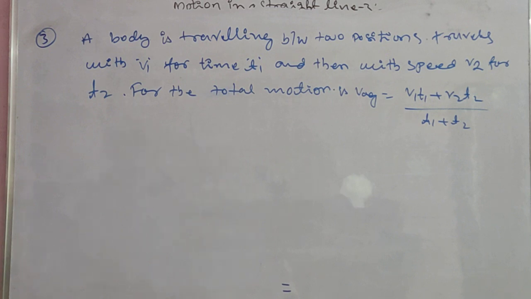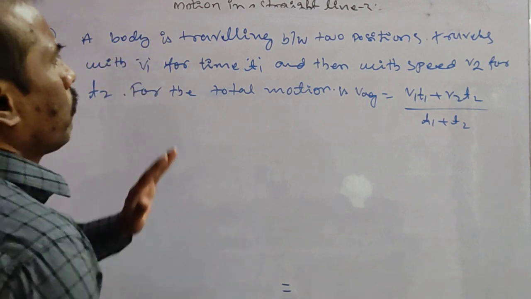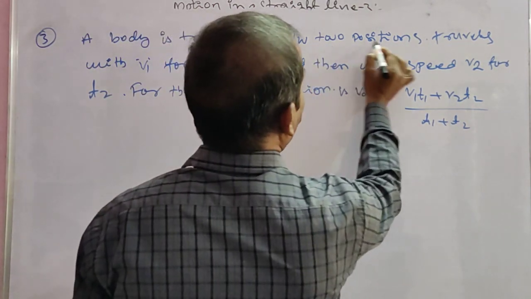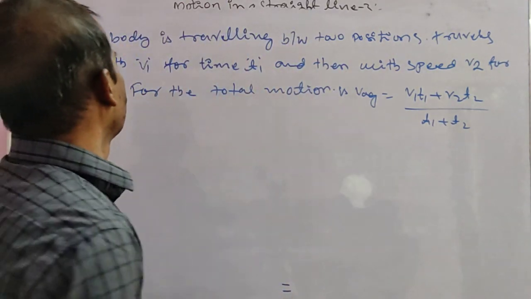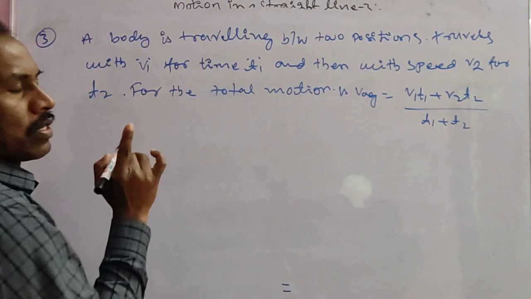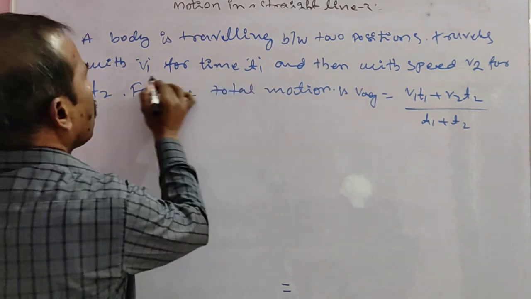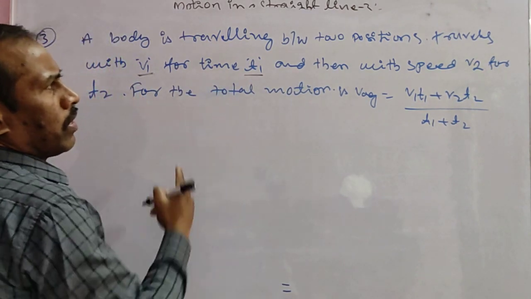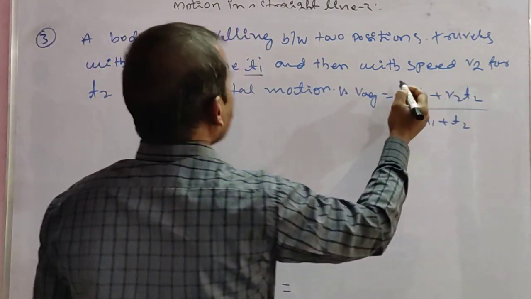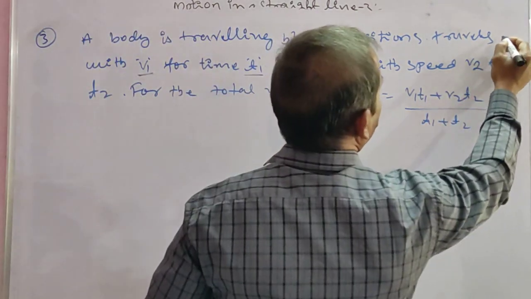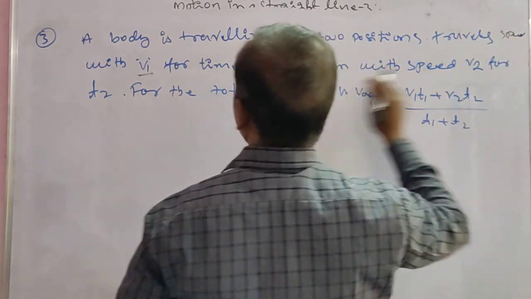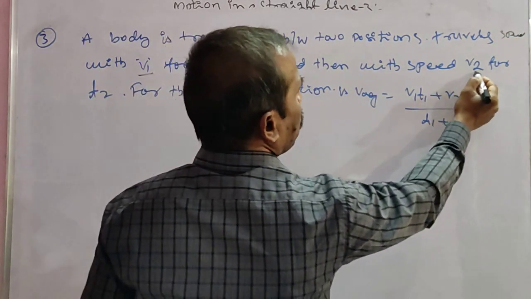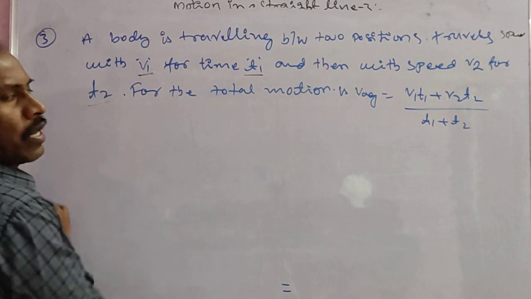See then next problem here. See here concept number third. A body is traveling between two positions. Travels with speed v1 for time t1, and then with speed v2 for time t2.